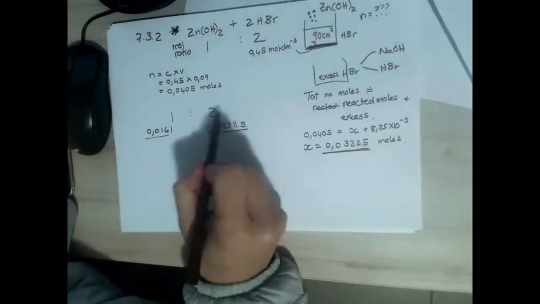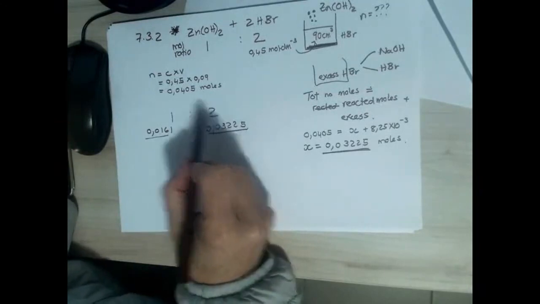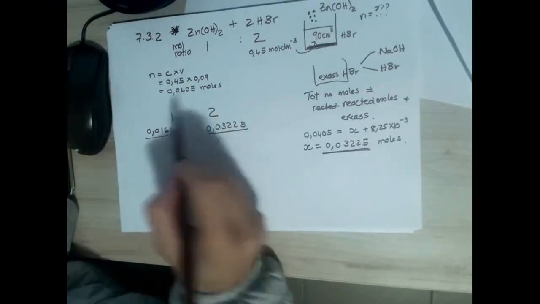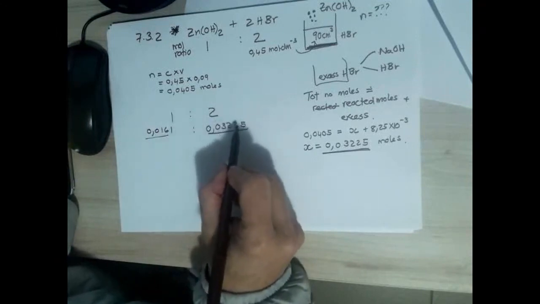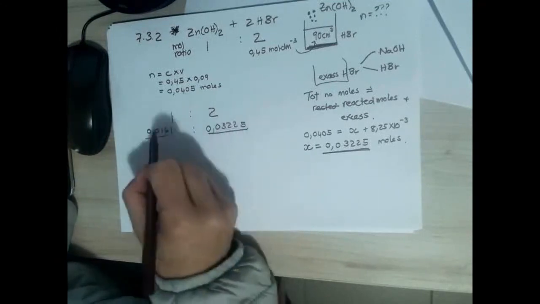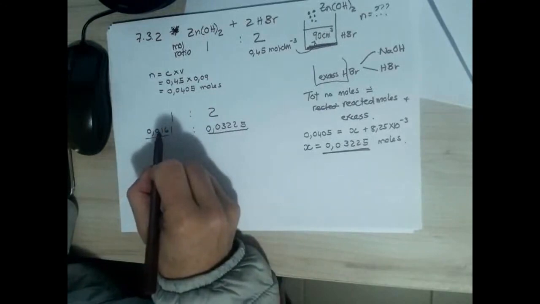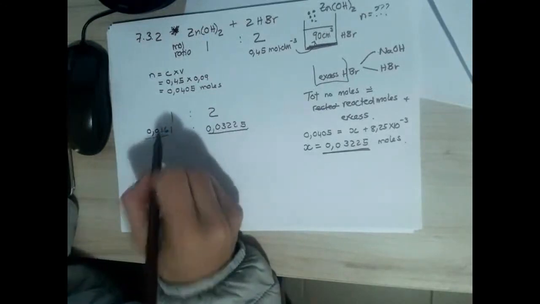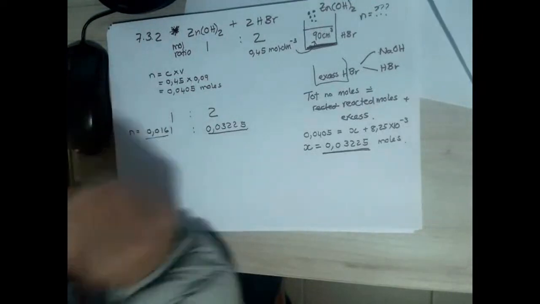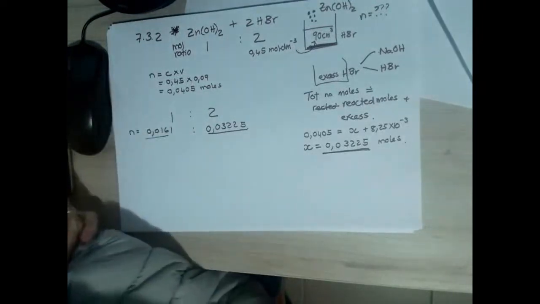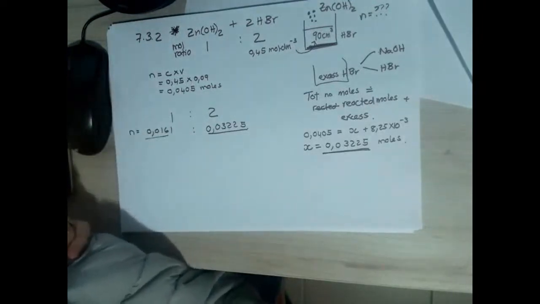Okay, that's still in the ratio 1:2. So I know that 2 moles of hydrogen bromide would react with 1 mole of zinc hydroxide. So if I have 0.03225 moles of hydrogen bromide, then I must have used half the number of moles of zinc hydroxide to react with it. Okay, so now I know how many moles of zinc hydroxide reacted with my hydrogen bromide.